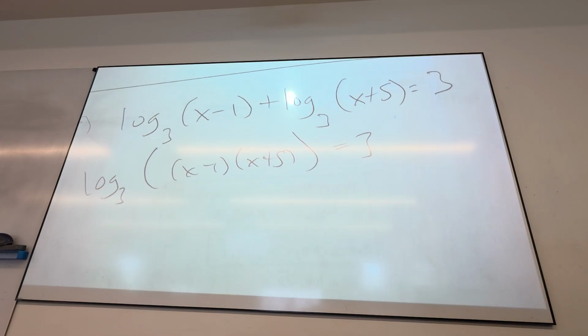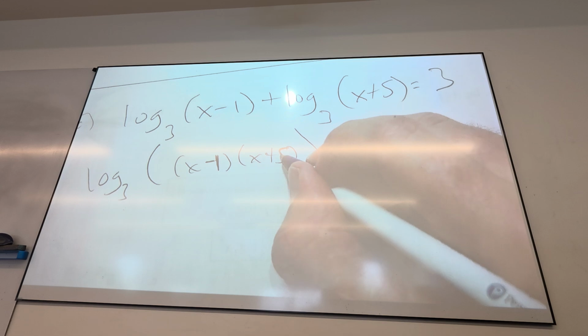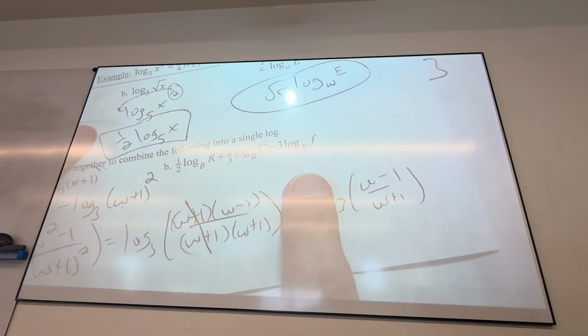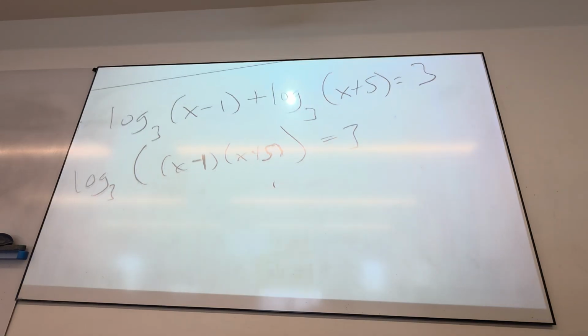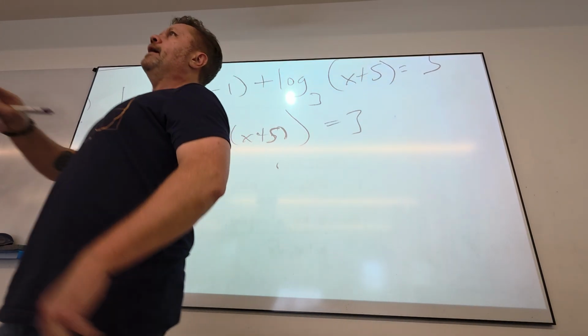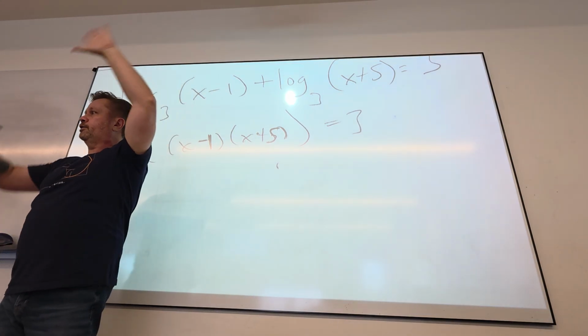So those properties we learned aren't just little extras that I'm going to grade you on and make problems with a whole bunch of stuff in it. No, it's actually a method to solve an equation. And an equation like this, I just made up.